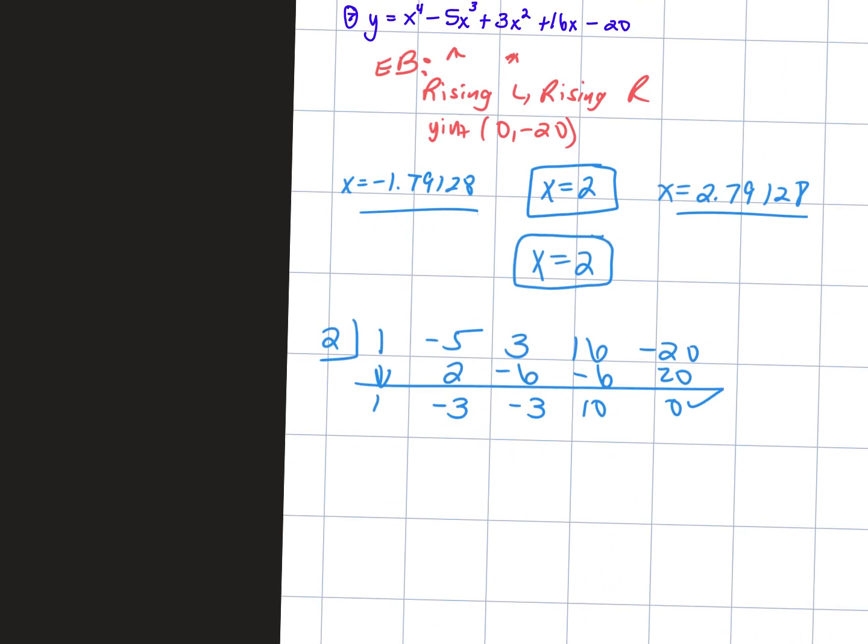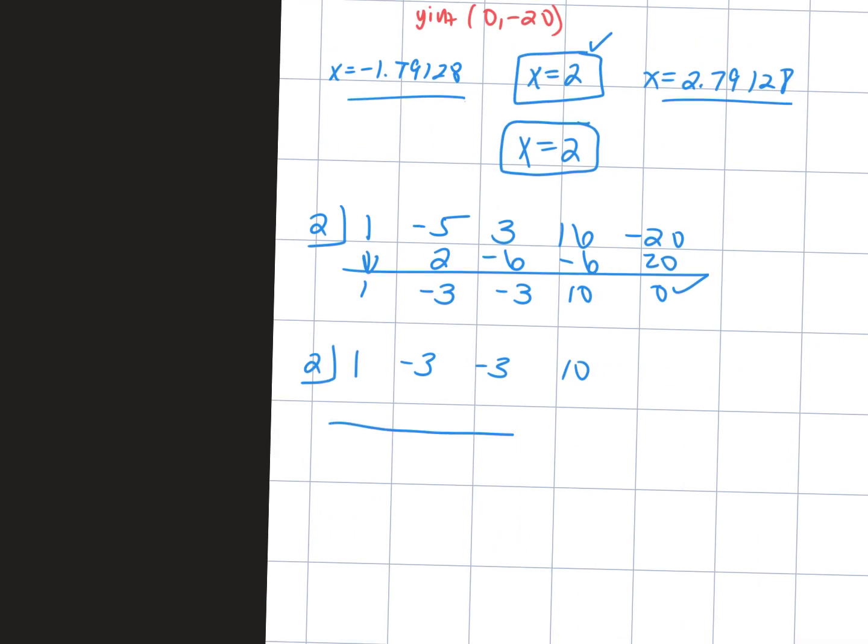So I proved that this one is a 0. So what do I do again? Synthetic division again. When I do this again, I should get 0, which will prove the multiplicity. So I'll bring this down. I get 2, -1, -2, -5, -10, 0. Yes? Okay, so we proved that there is actually multiplicity at x equals 2.